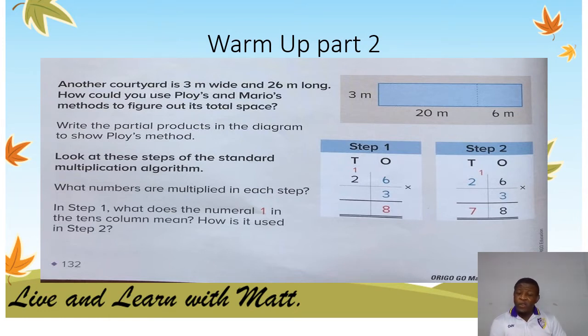So using Ploy's method, we split 26 into 20 and 6. So 3 times 20, we know 3 times 2 is 6. So 3 times 20 will be 60. 3 times 6 is 18. So we add the two together would be 78.